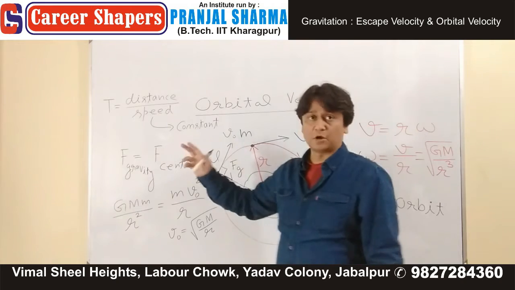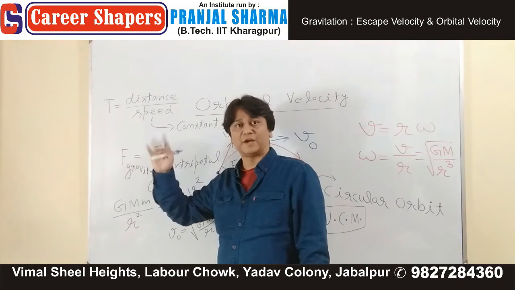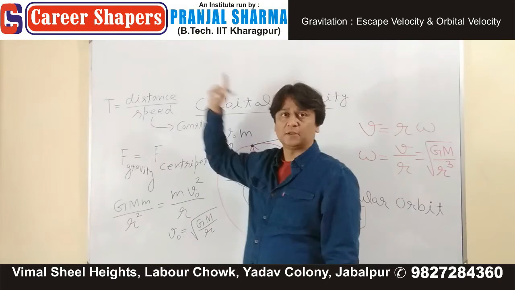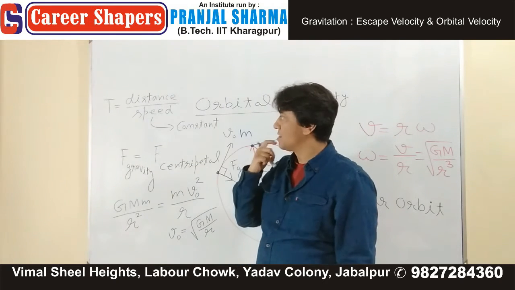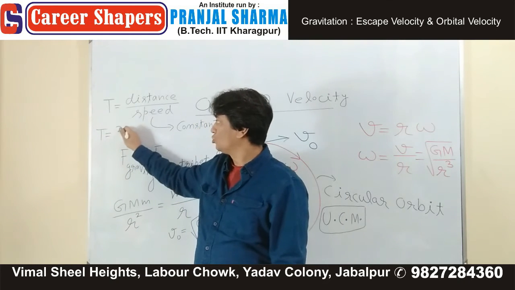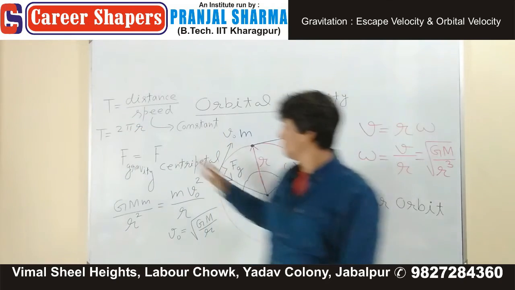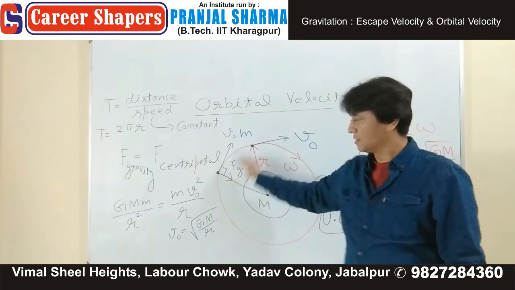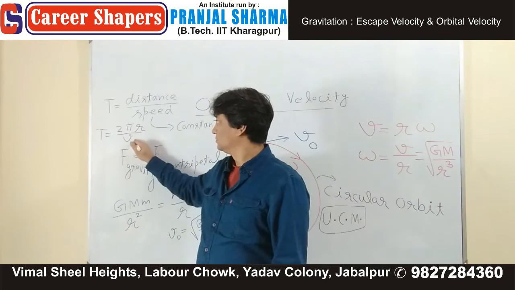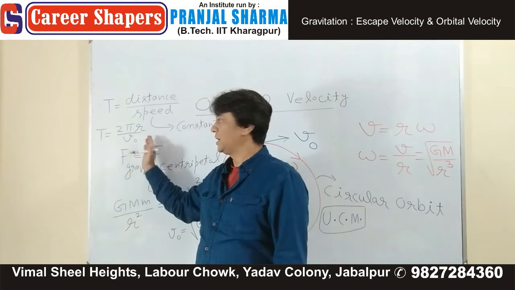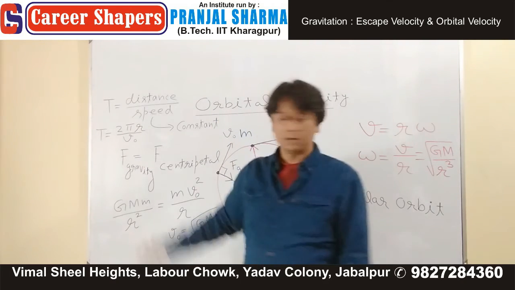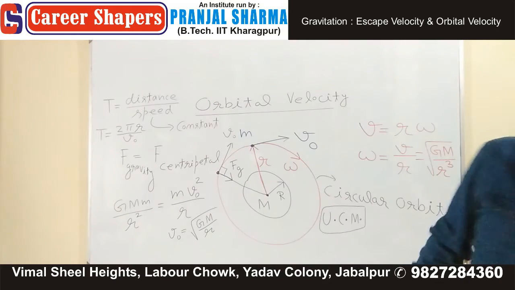In uniform circular motion, velocity is not constant, direction is continuously changing. What is constant? Speed, and therefore I can use this formula. What is the distance the satellite is going to travel? 2 pi r. With what speed? V0. That's your T. You have the value of V. Put it here and you get your time.